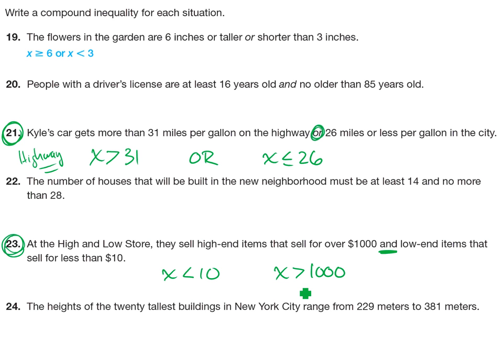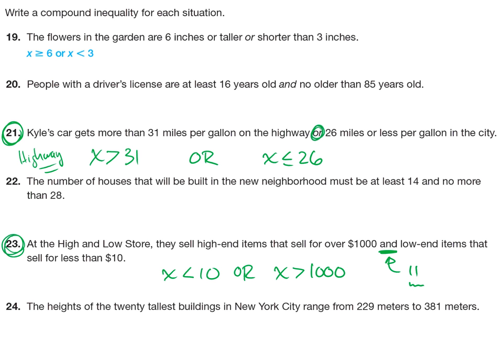But there are no numbers that can be both less than $10 and greater than $1,000 simultaneously. So this is clearly joined by the word "or," and it illustrates the fact, hey, we got to think about this, right? Yes, they threw the word "and" here, right? But the word "and" here is just saying the two categories of items they sell.